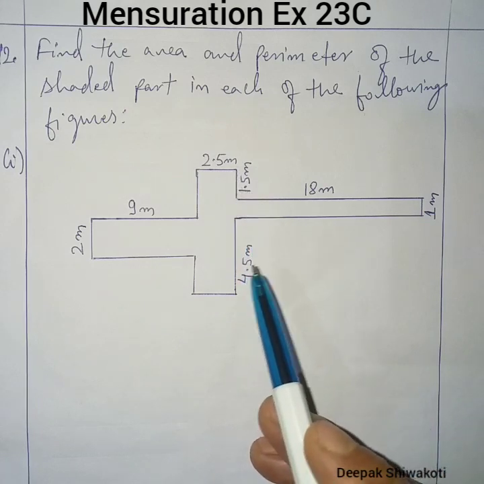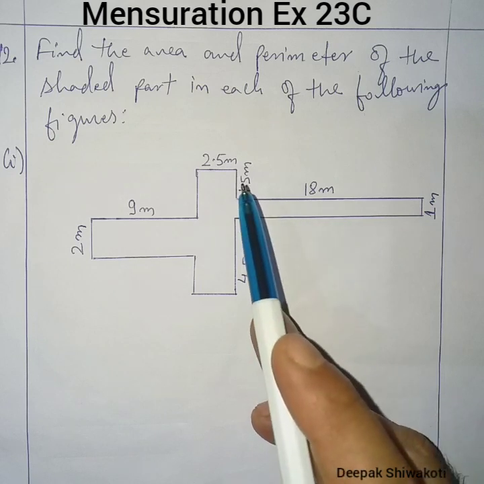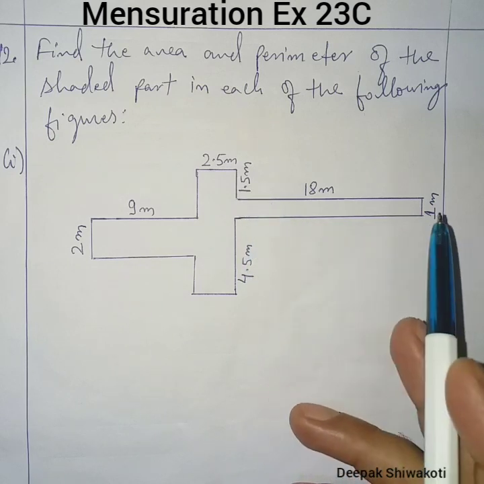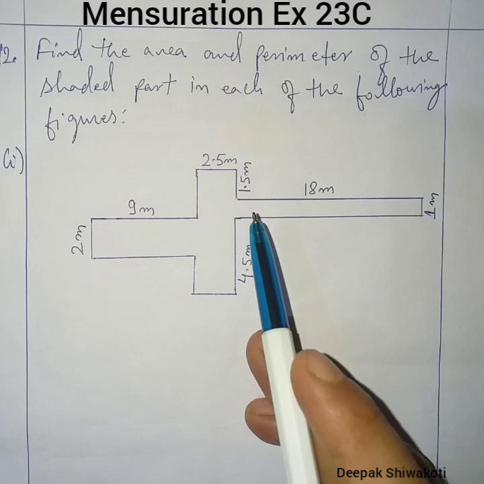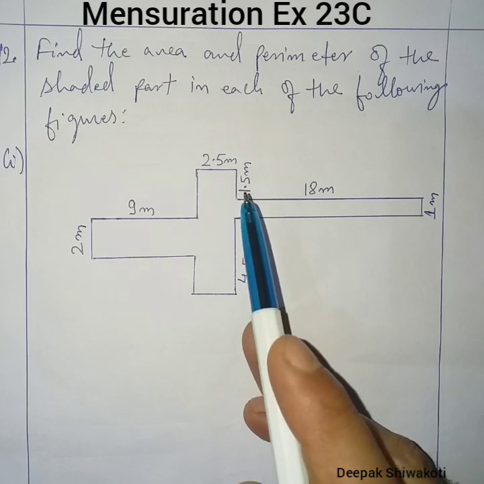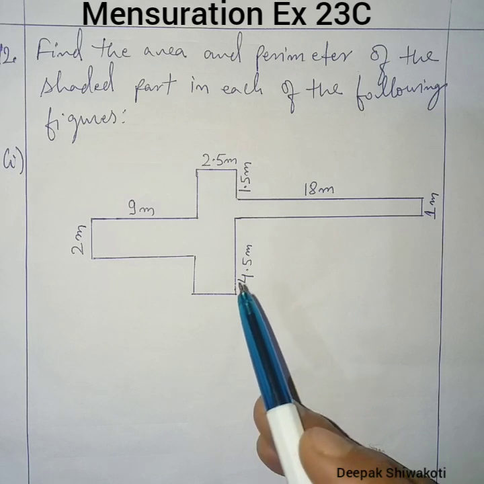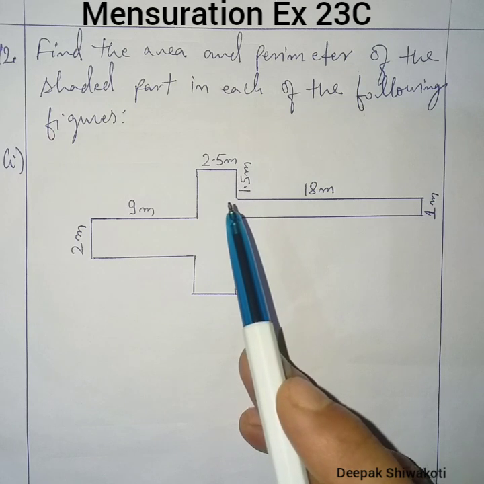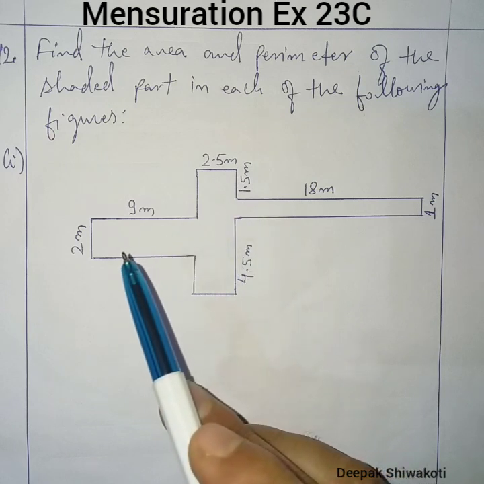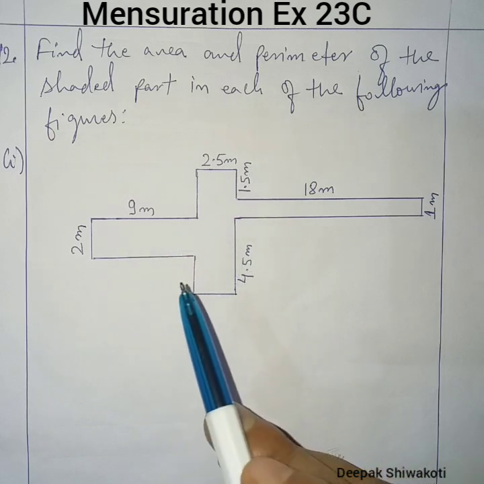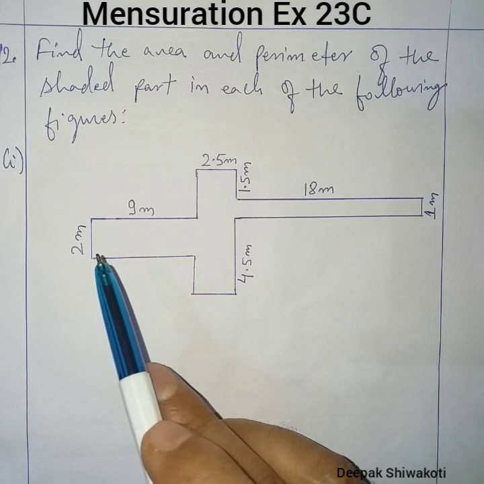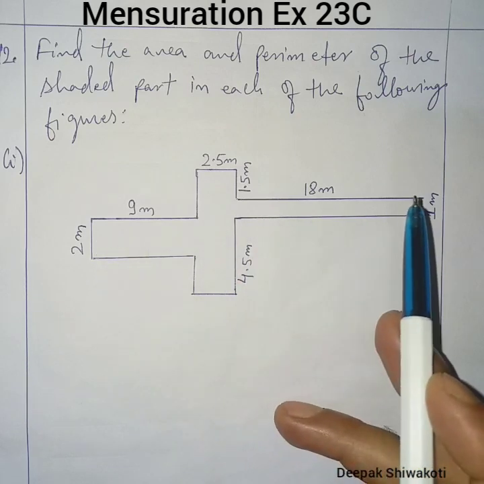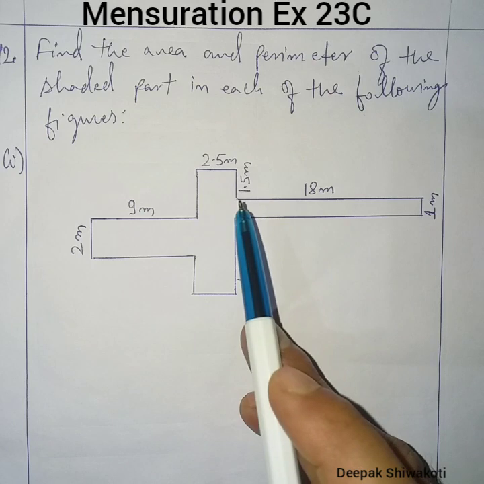The sum of these three line segments is 4.5, 5.5, 6.5, and with this 0.5, 7. So total length from here to here is 7, and here you have to subtract this 2 meter, 1 meter, and 1.5 meter.